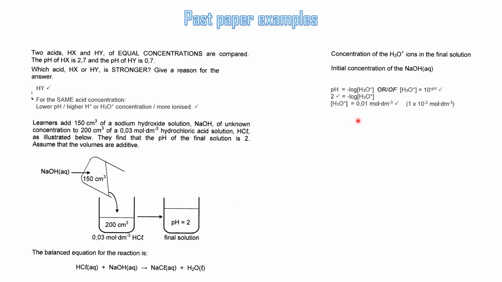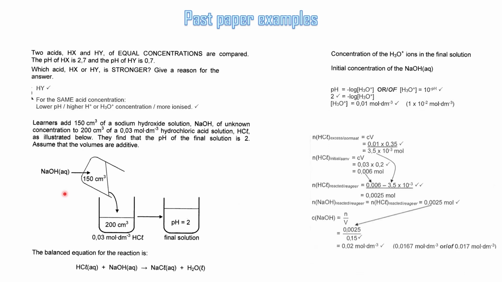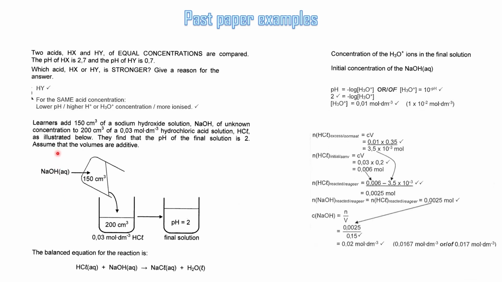Now you have the concentration. The next question reads, the initial concentration of the NaOH, which is this. Now you need to find out what the excess and limiting is.